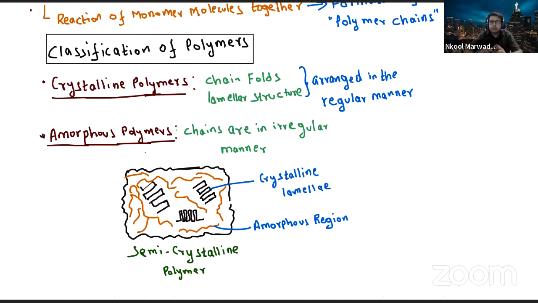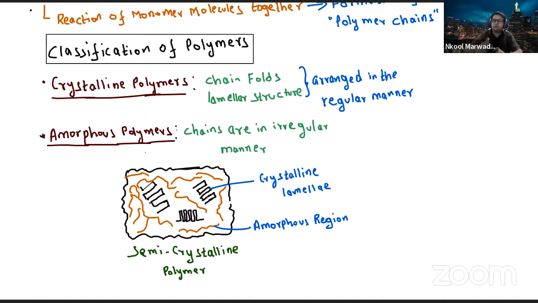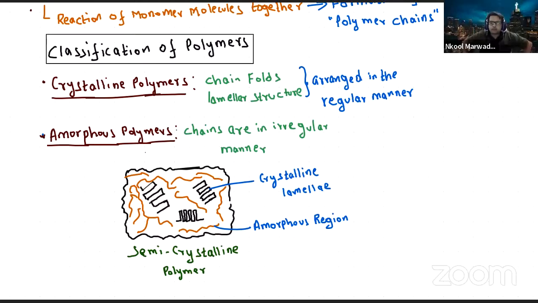But we also see very soft plastic, like the polythene poly bags which we carry. If you try to break it, it gets stretched, and you can keep on stretching it. That is amorphous.